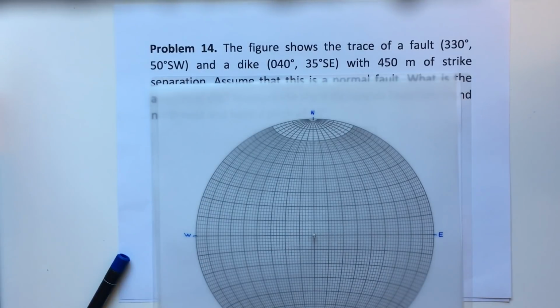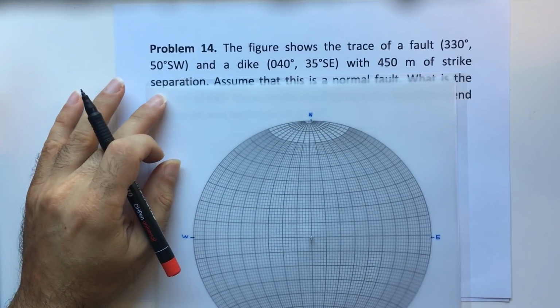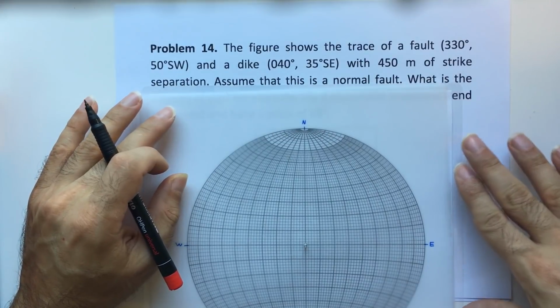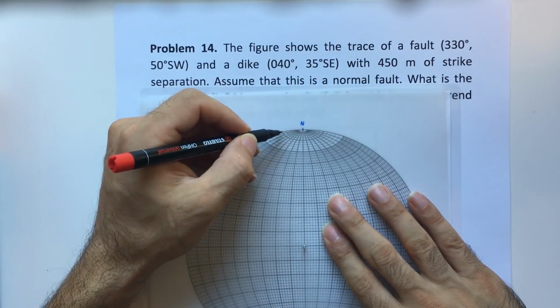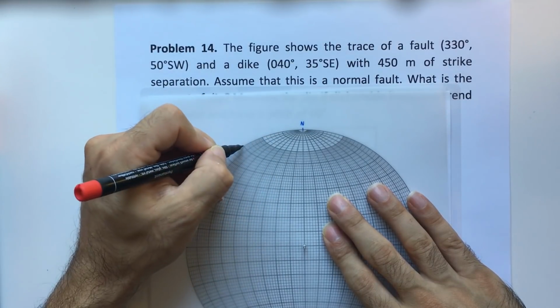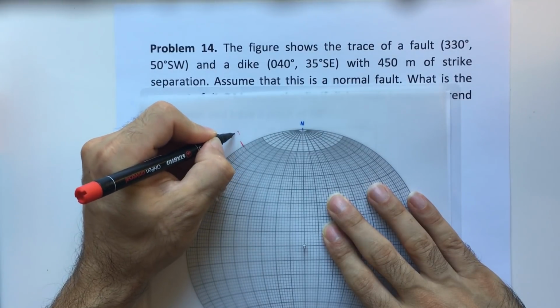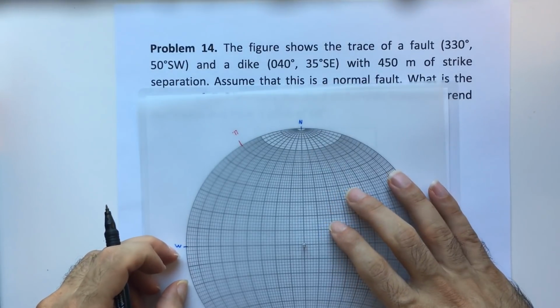Okay, let's start by plotting the attitude of the fault and the dike on the stereonet. The strike of the fault is 330. Okay, this is 360, 350, 340, 330. This is the fault and it is dipping towards southwest.